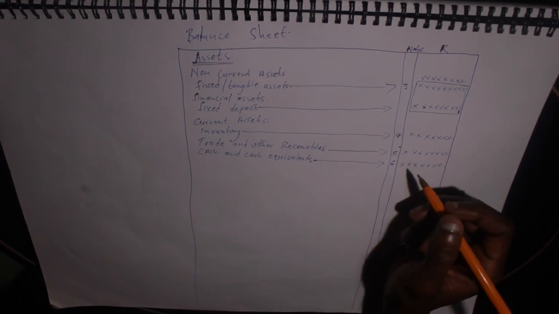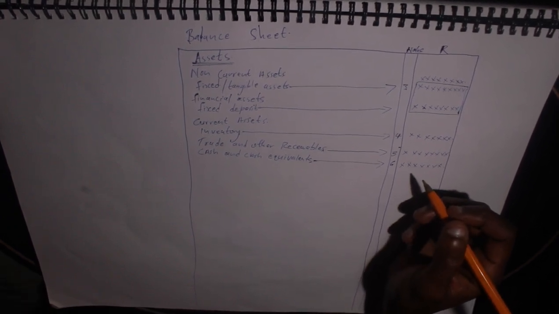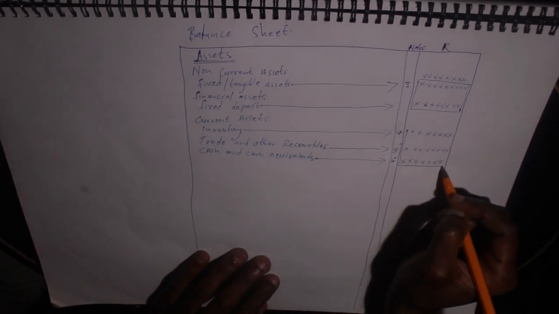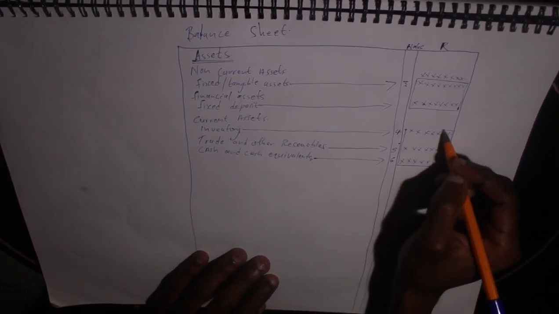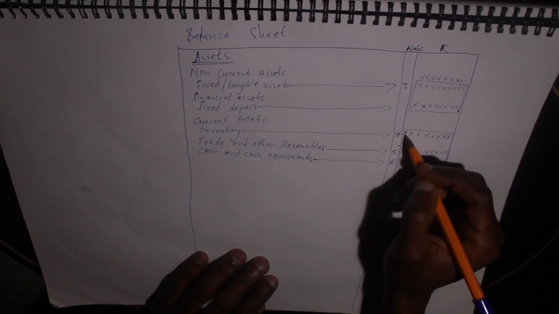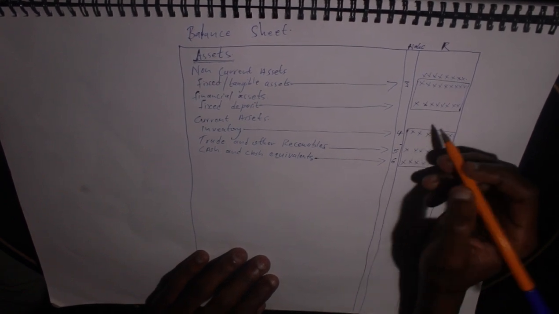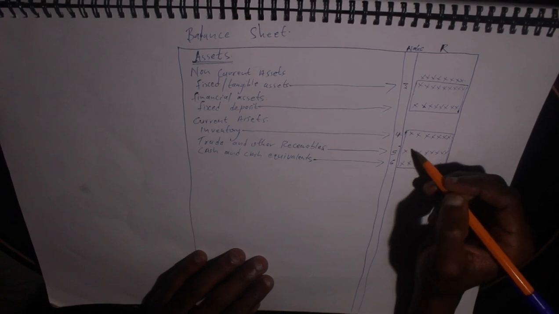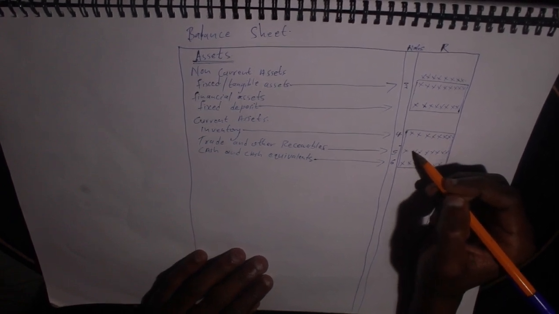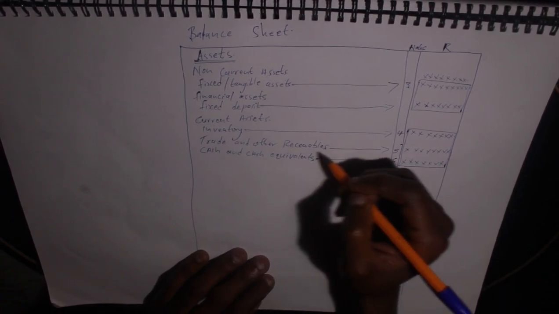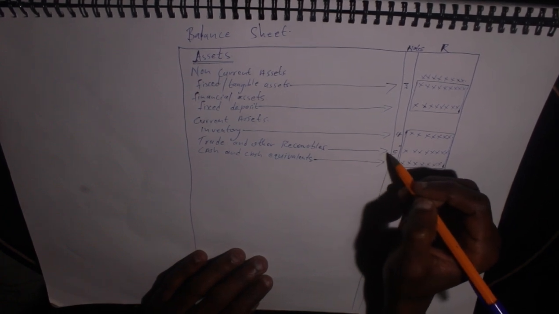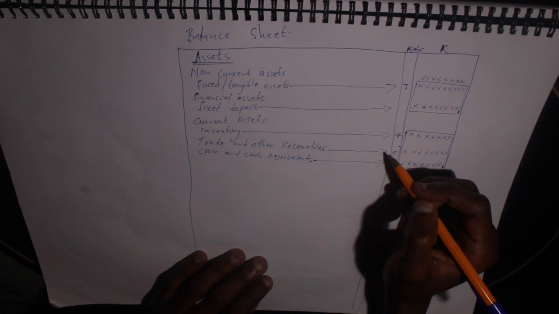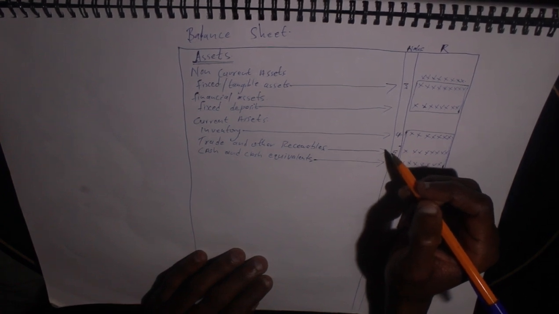Now that we are done with our current assets, I'm going to draw a box here to show that we are going to be adding all these current assets so that we know the total value of our current assets. So we add all the current assets, which is inventory, trade and other receivables, cash and cash equivalents. I didn't explain the trade and other receivables. Trade and other receivables, these are basically the amount that you're expecting to receive. For example, debtors is a very good example.